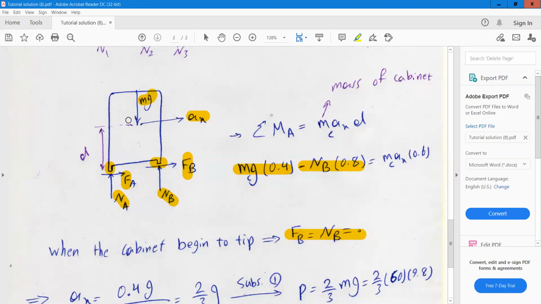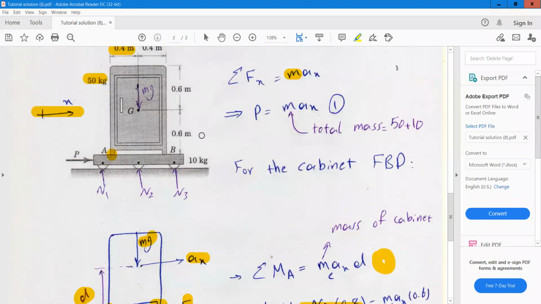If you wrote this moment equation about the mass center, the right hand side was equal to 0. But here we have m a d because we are writing it about another point other than the mass center G. So we will have mass times the acceleration a_x times d, and d is this distance, okay? And it's equal to 0.6.